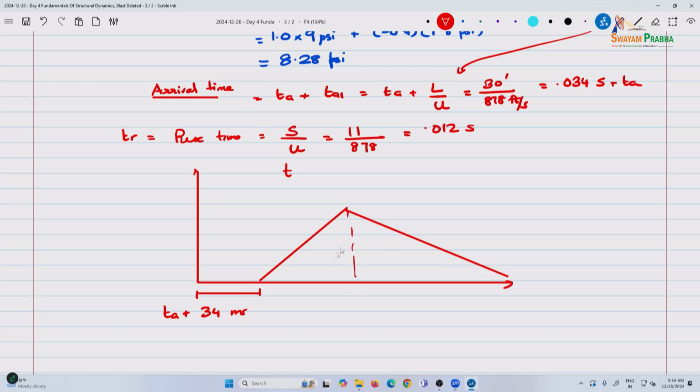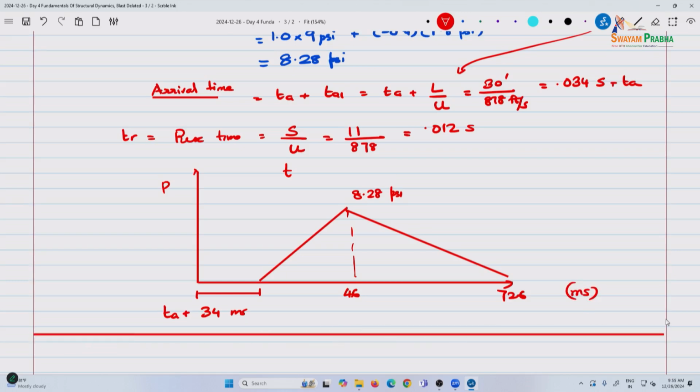For design, the later part matters, 8.28. And 72.6, and this is 34 plus, let's say, 12 is 46. And all of this, note no negative pressures.